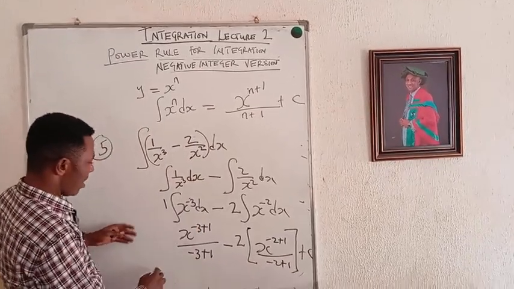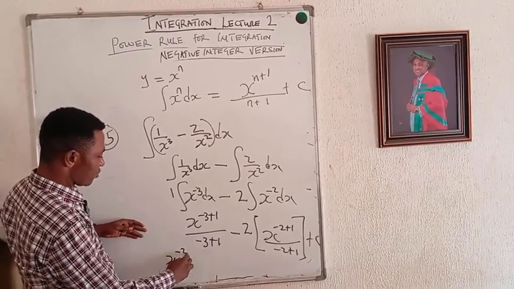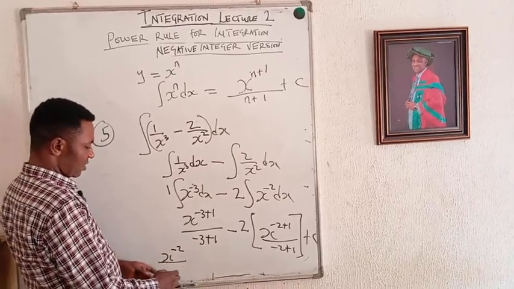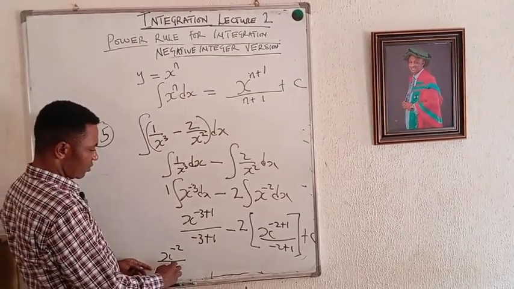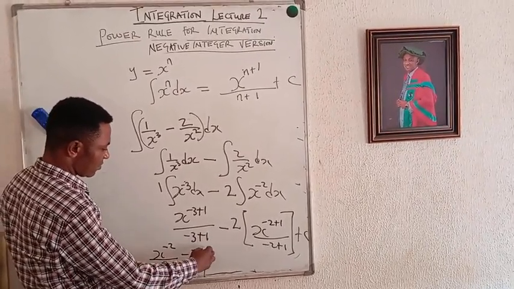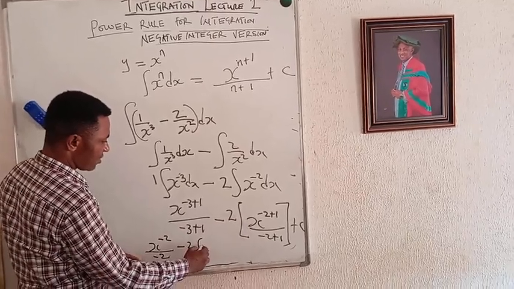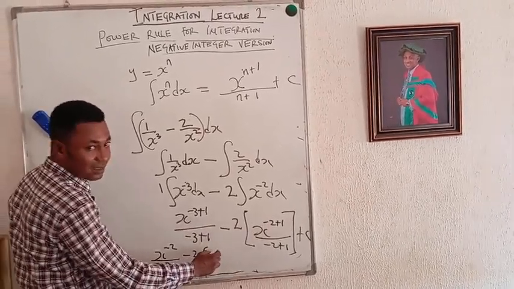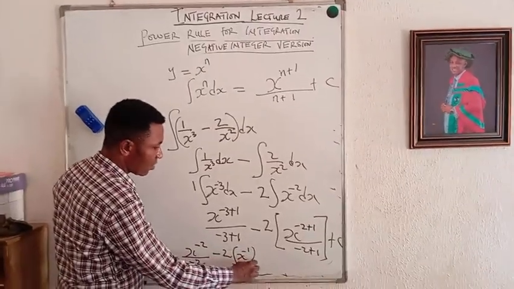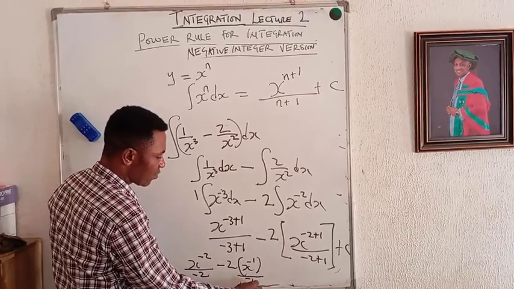So now we have here x power minus 2 all over what? Minus 3 plus 1 is what? Minus 3 plus 1 is minus 2. Then minus 2 into, here we have x minus 2 plus 1 is minus 1, all over minus 2 plus 1, minus 1.